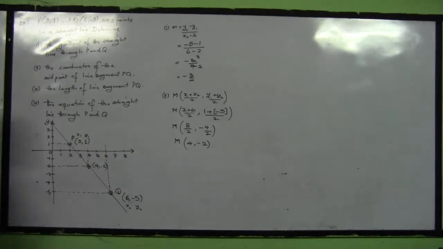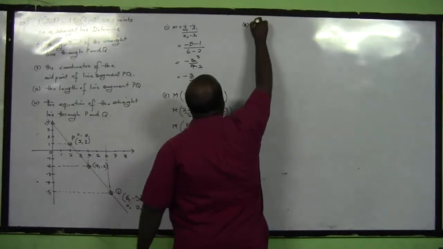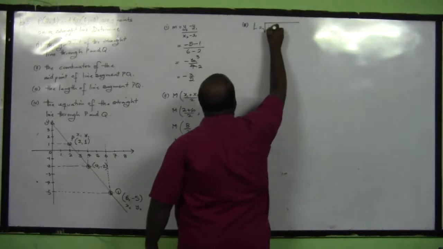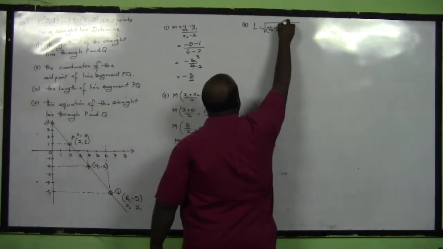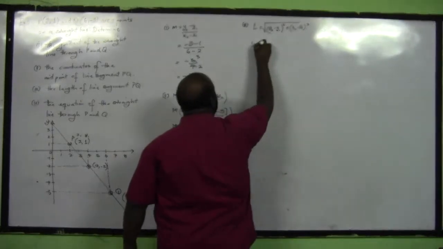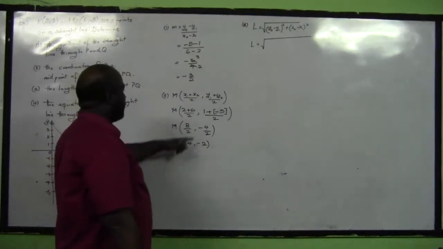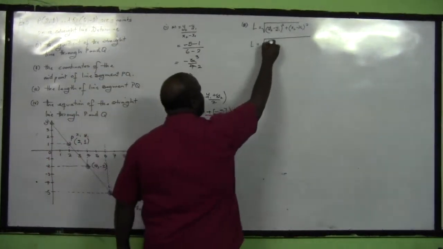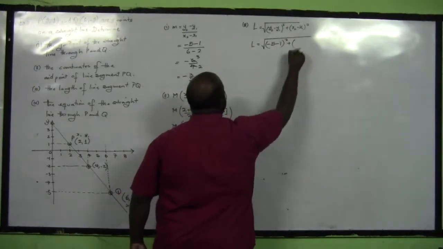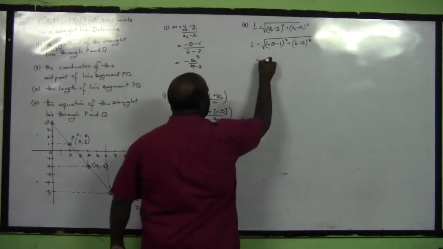Third thing, length of line segment PQ. L is the square root of y2 minus y1 squared plus x2 minus x1 squared. Y2 is minus 5, minus 1 squared, plus 6 minus 2 squared.